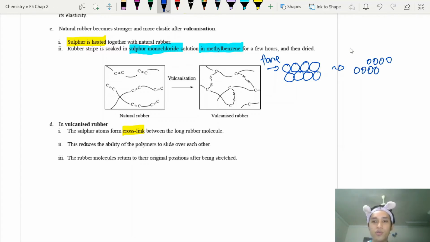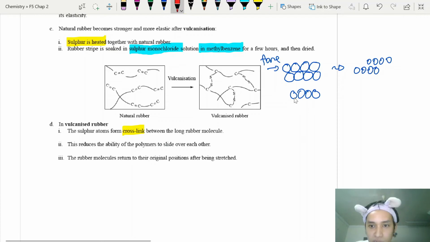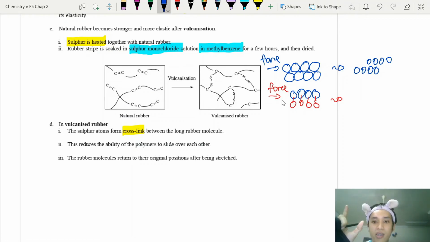So the particles slide very easily. But if I tie it down with a string, and then apply the force, the particles are not going to slide easily, because the string is going to pull the two particles together, therefore preventing them from sliding away.